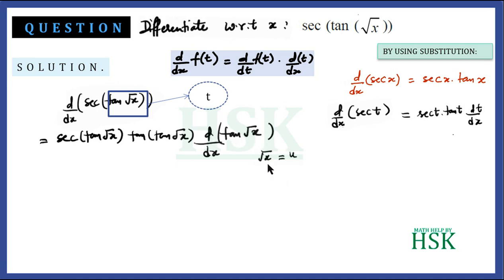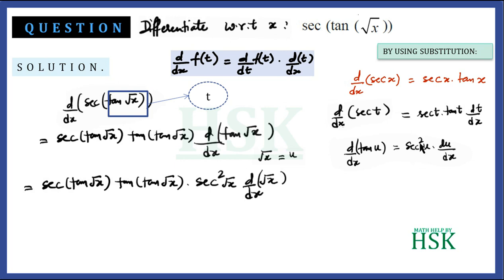So I am going to assume square root of x as equal to u. So differentiation of tan of u by applying this result would be equal to differentiation of tan of u with respect to u into du by dx, and differentiation of tan x is equal to sec square x. So differentiation of tan u would be equal to sec square u into du by dx.